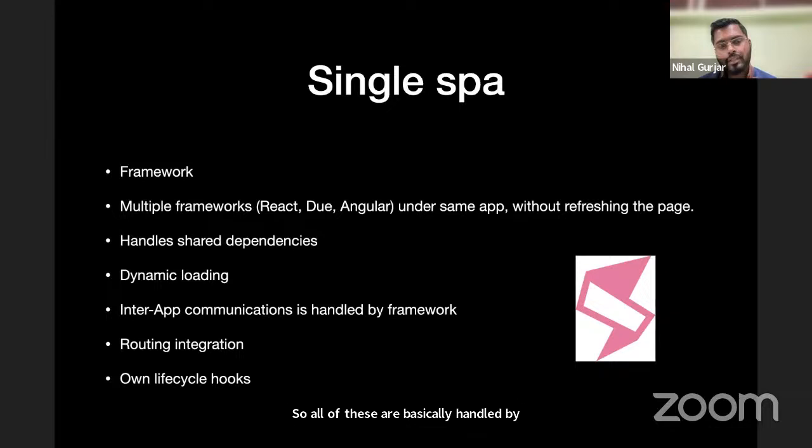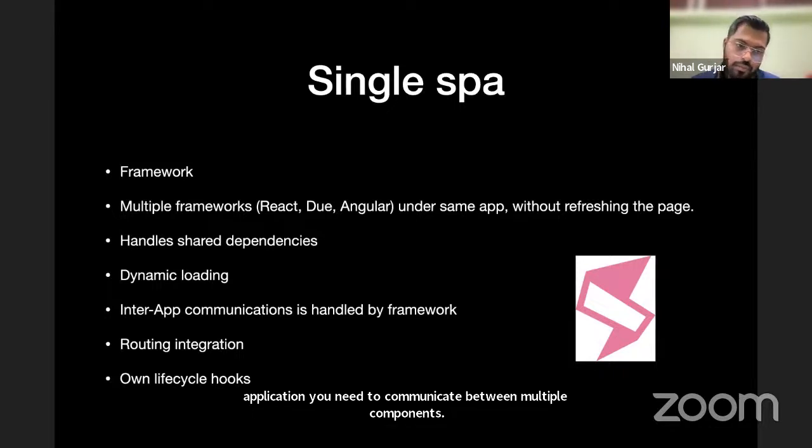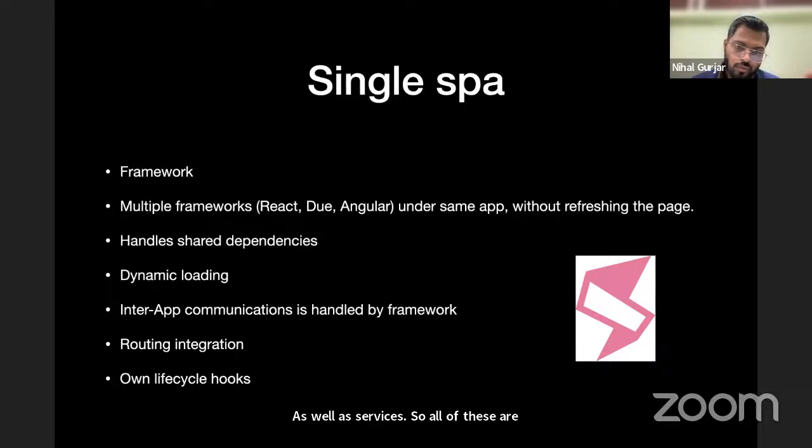It also provides better inter-app communication. These applications are not static; they need to communicate with each other. To form a single application, you need to communicate between multiple components as well as services, and this is handled by the single SPA framework.